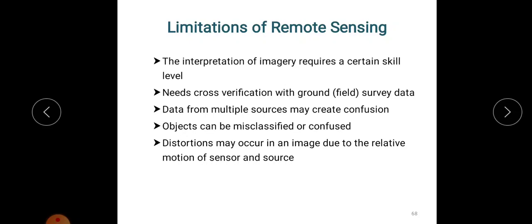Okay, then objects can be misclassified or confused. This is the same as the previous one, that is, if we are using so many wavelengths, the objects can be misclassified or confused. For example, a water body will usually be in blue color, and vegetation may be in green color. But in some cases, if we are using another type of radiation, the water body may be seen in red color.